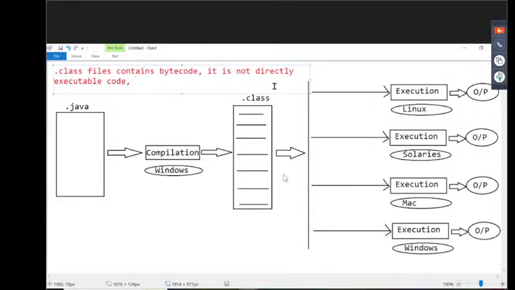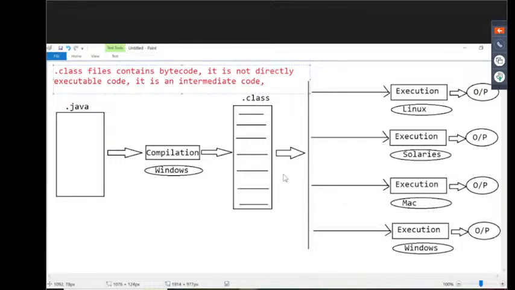Nice, very good. A .exe file contains directly executable code, but bytecode is not directly executable code. That's very clear. Next, it is an intermediate code.